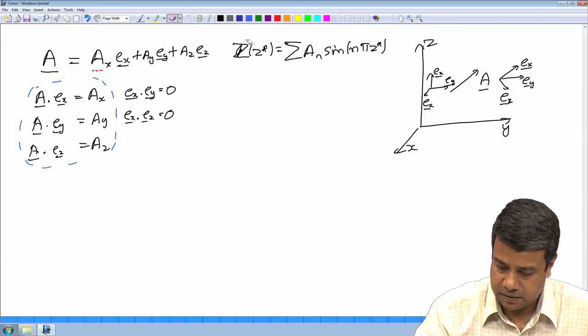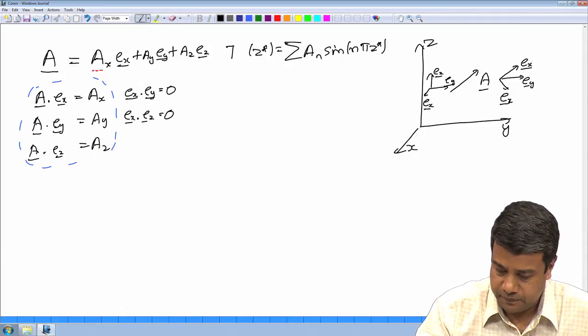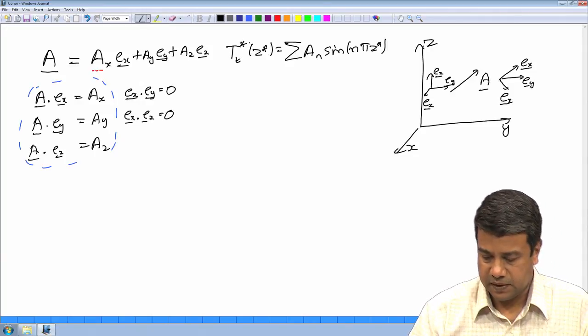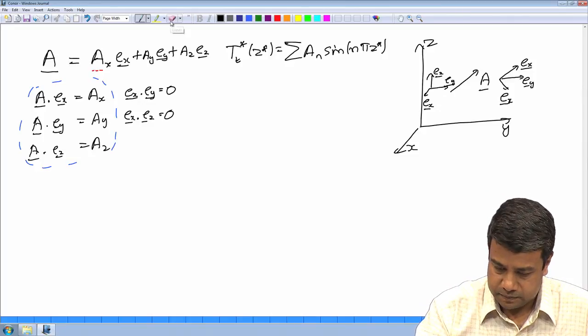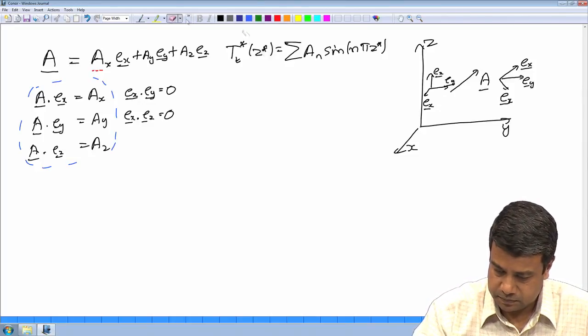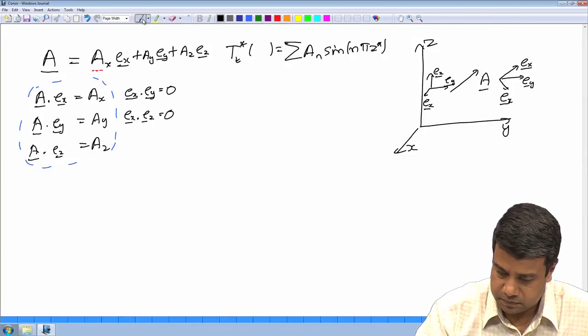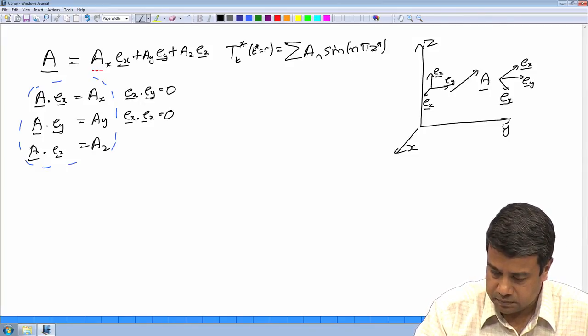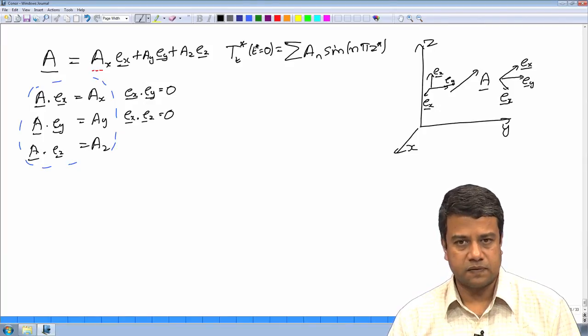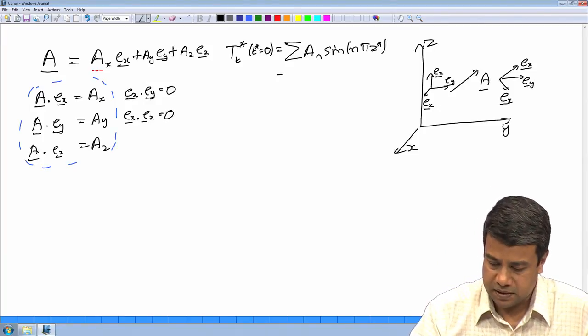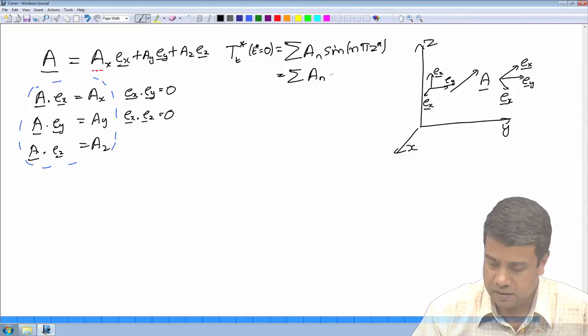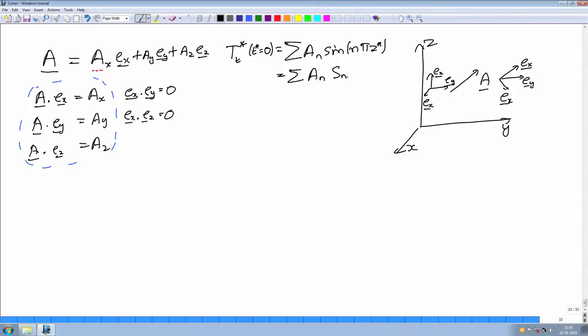So, this was just a transient temperature at t equals 0, is equal to this function. I can write this as the summation of a n times S n, where S n is equal to a function sin n pi z.